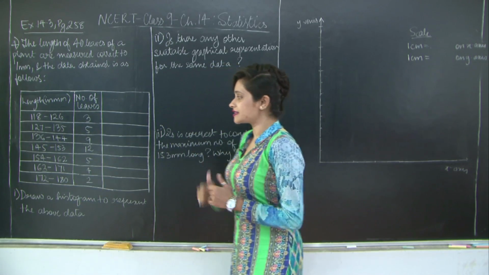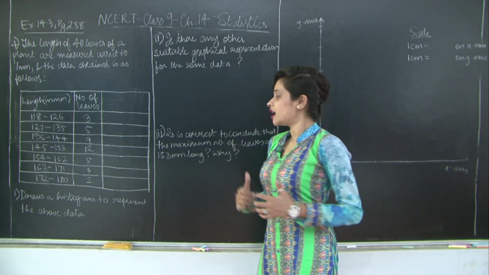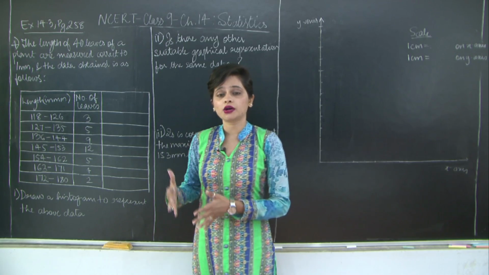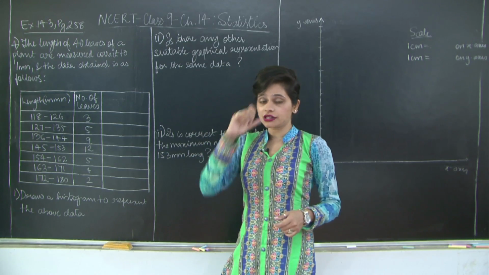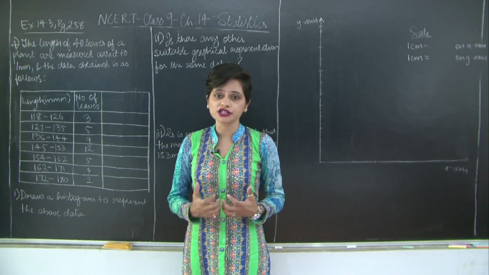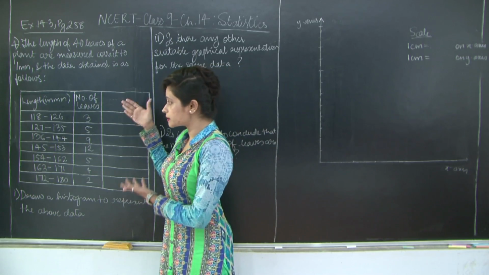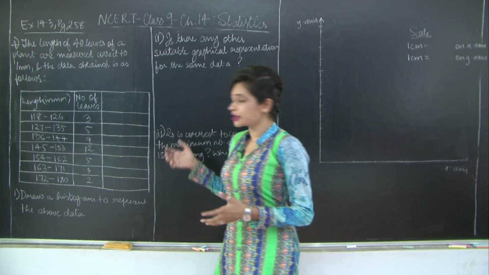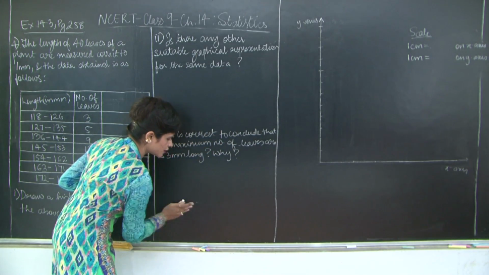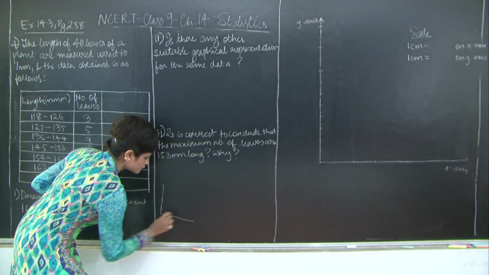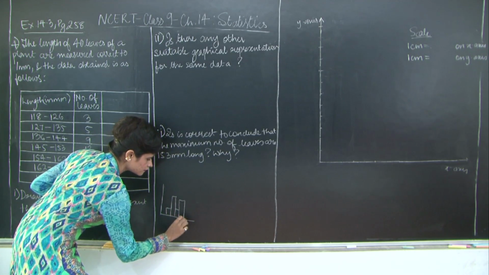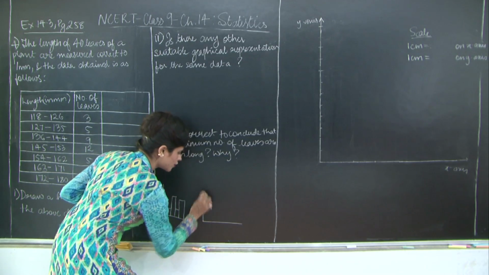So we are going to make the class intervals continuous to draw the histogram. The second thing is we need to find out whether the histogram has bars of uniform width or varying widths. Why? Because in histograms, the width of the bars plays a very important role with respect to the frequencies. There are two types of histograms: histograms with uniform width and histograms with varying width.